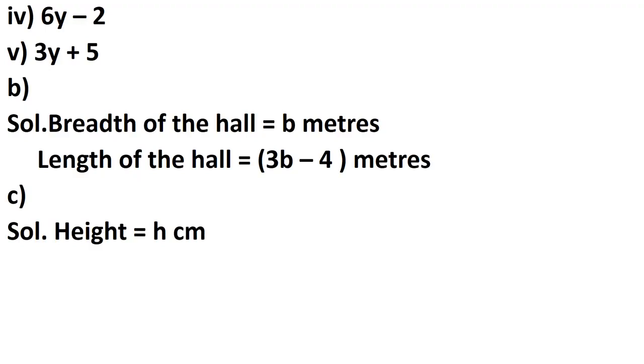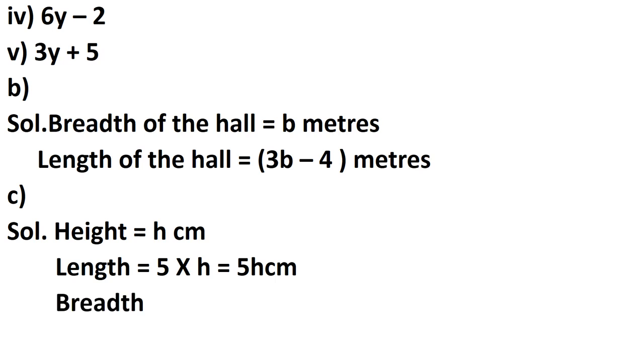Height is h centimeter. Length we will find out. It is 5 multiplied by h, that is 5h centimeter. It is given 5 times the height. So it is 5h. And breadth is 5h minus 10 centimeter. 10 centimeter less than the length.